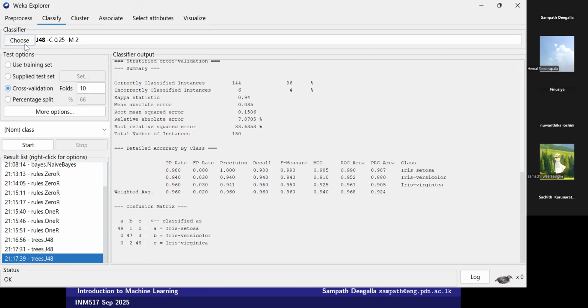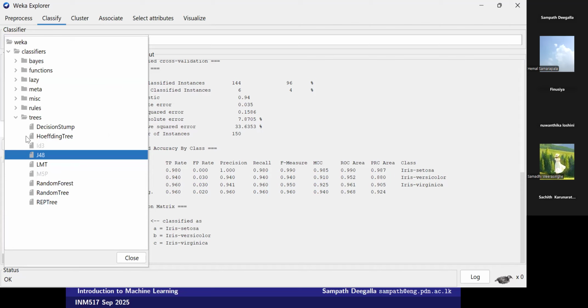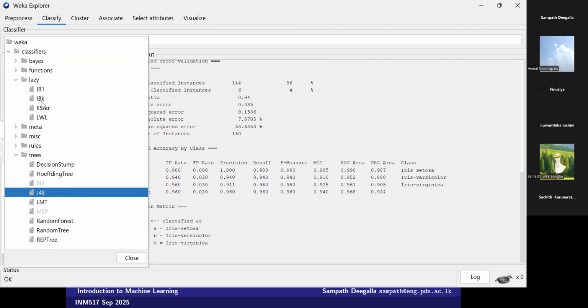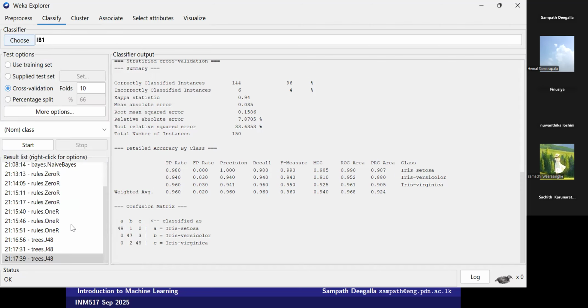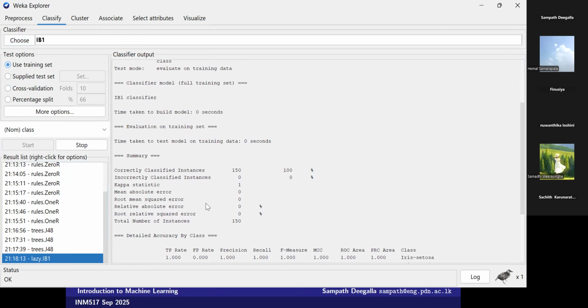Let me use another example. What about nearest neighbor? Let me use the training set and click Start. This is really interesting. Why are we getting 100%? Remember, I told you there's no training. We take all the instances themselves.